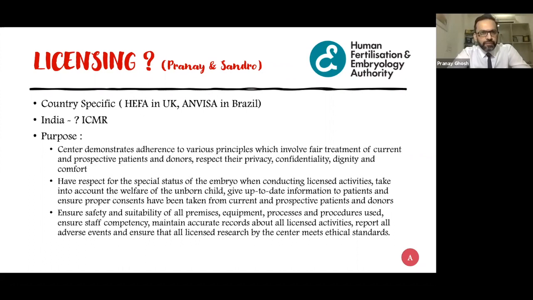In India, we have the Indian Council of Medical Research, which has laid down a series of guidelines, which are in the process of becoming a law, the legislation. But as of now, we are looking to these guidelines when we are designing and setting up our IVF labs. So there are some criteria that have to be met regarding the staffing norms and the infrastructure and equipment norms.